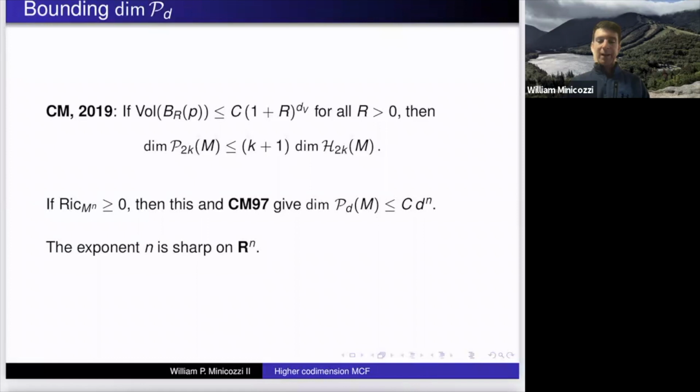It gives that for manifolds of non-negative Ricci curvature, you get a bound of d to the n, and this exponent is sharp. So if the harmonic ones were a constant times d to the n minus 1, if we go ancient caloric, you get all the way up to d to the n.